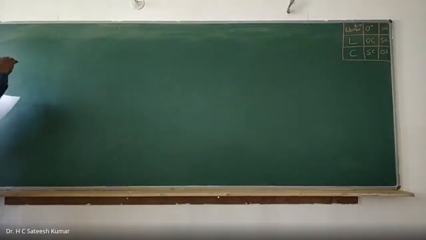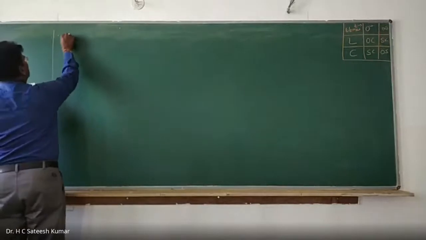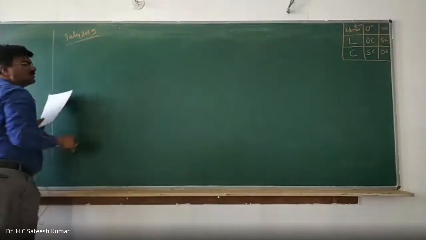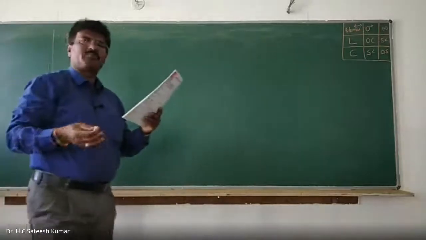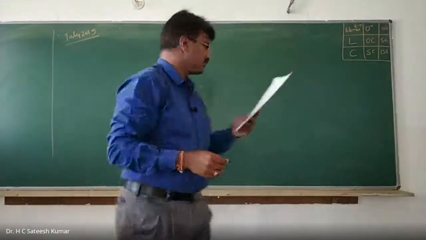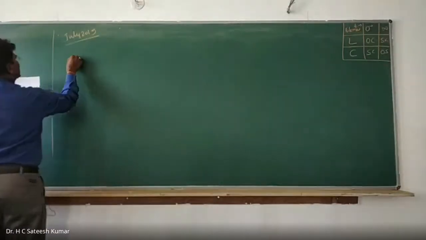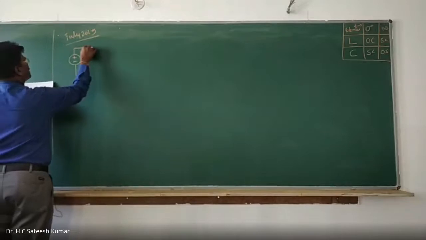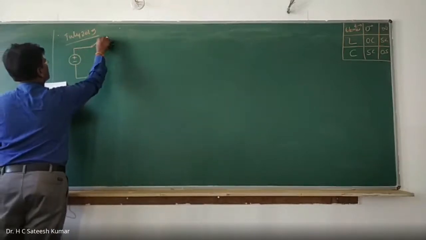Is it visible? July 2019. Generally, this kind of question will be 6 to 7 marks easily, 8 marks you will get. So the question is something like this. In the circuit shown in the figure, the circuit he has given is like this: plus, minus, a switch that is closing.